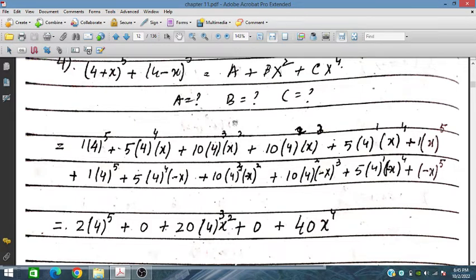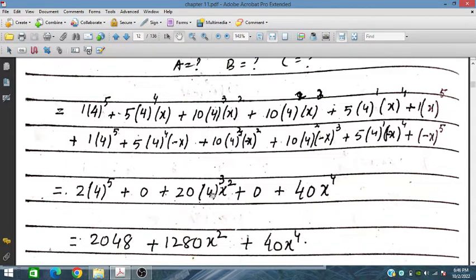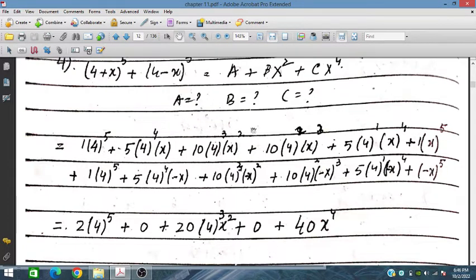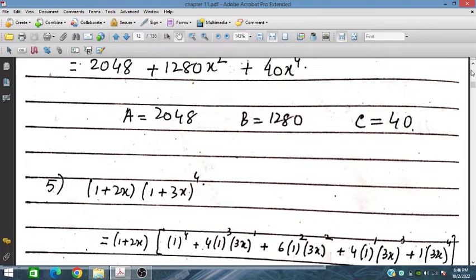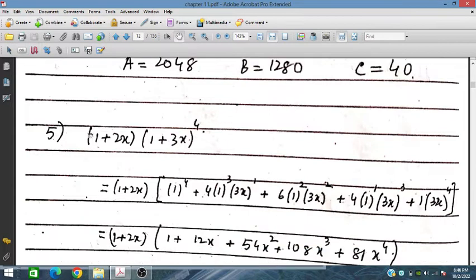So here we have a equal to 4 power 5 into 2, this is a, and b is 20 into 4 power 3, and c is 40. So this is further simplified to write down like this. So similarly for this one, a, b and c are calculated here, and we have obtained a, b, c and this. So now number 5, we have to expand it.